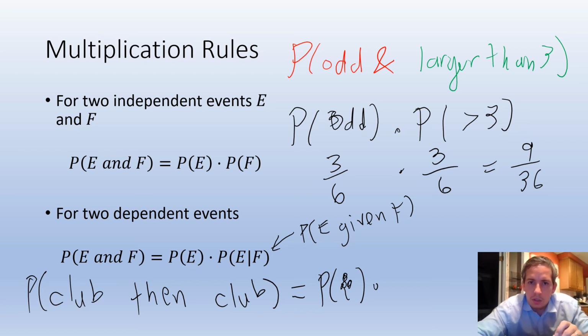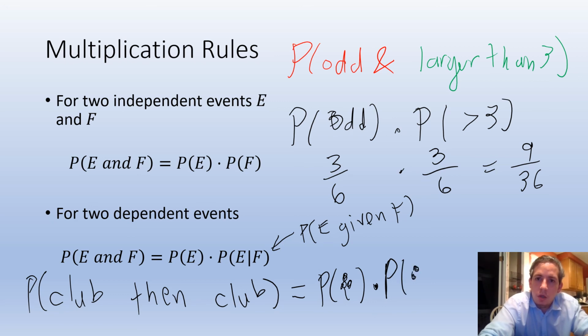So in other words, what is the probability that I get a club and then another club? It is the probability that I get a club multiplied by the probability that I get a club, assuming or given that I already got a club on the first one. Given that the first card is a club.